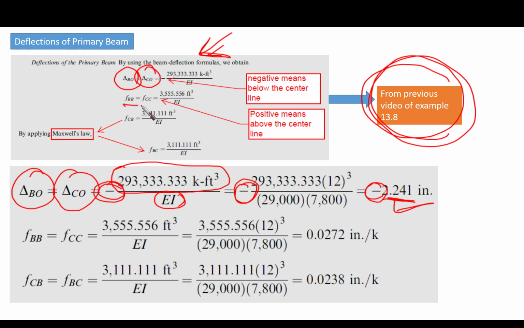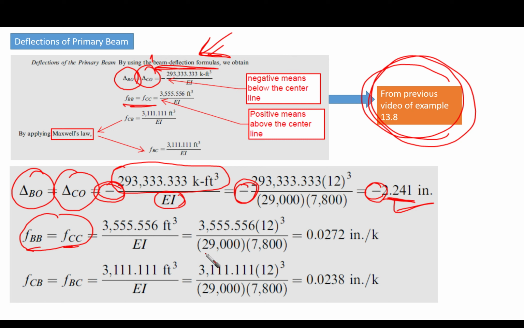And for FBB and FCC, they are the flexibility coefficients. They are going to be the same. You can use the beam deflection formulas. So from here you can obtain FBB and FCC.